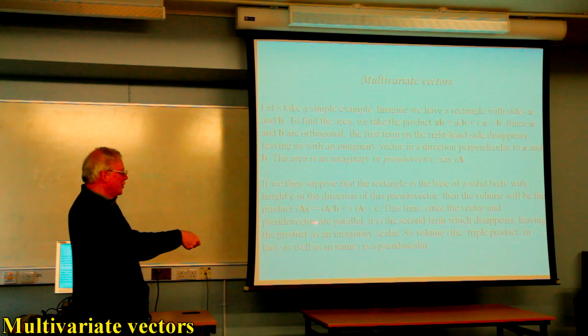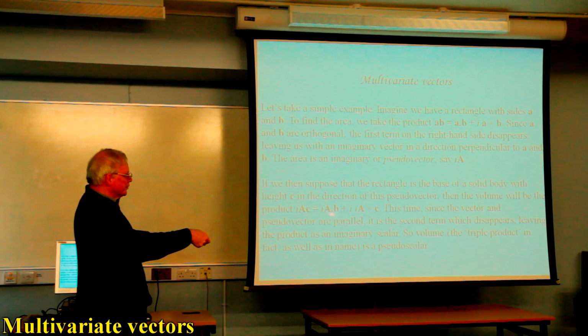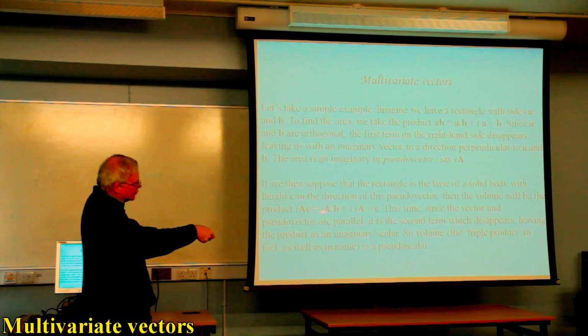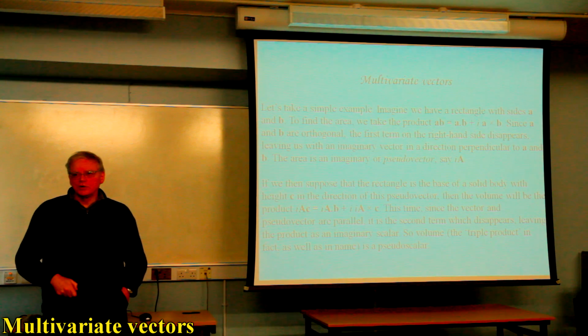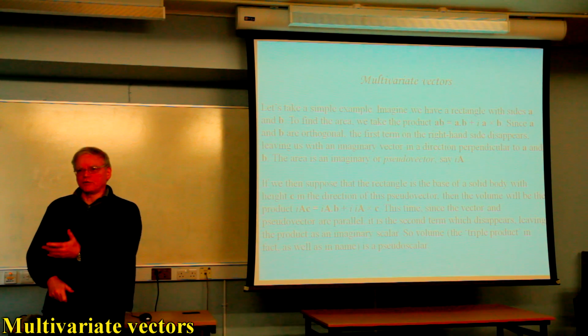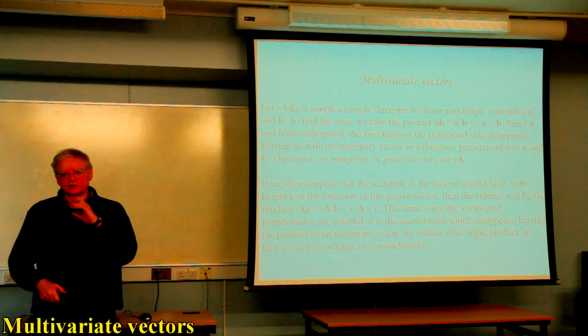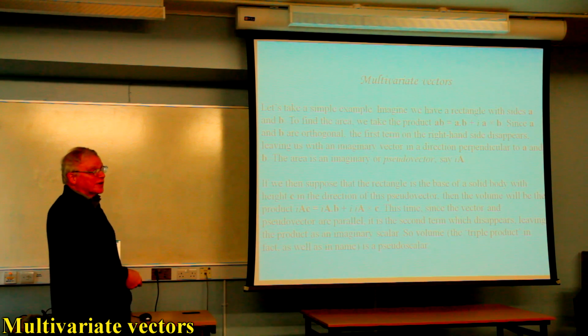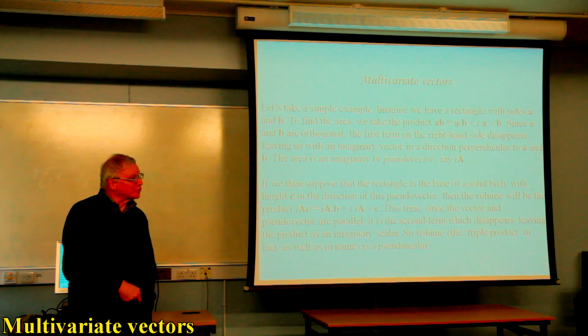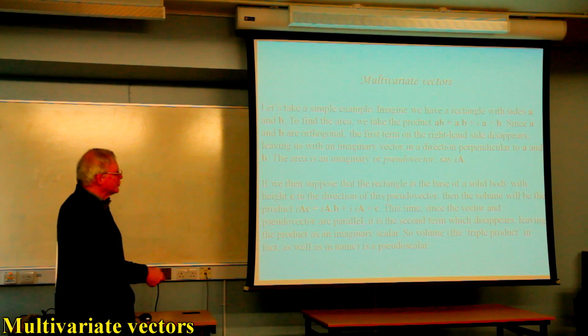This time the bit that disappears is the vector part, and so we're left with a scalar term, but an imaginary one. And that's what we call a pseudo-scalar. So volume is a pseudo-scalar, area is a pseudo-vector. This is completely standard in this kind of algebra. The triple product is simply a product.